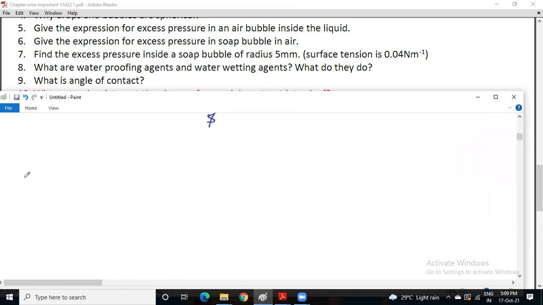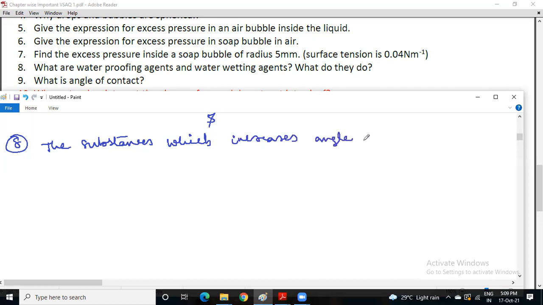Now moving to question number 8. What are waterproofing agents and water wetting agents? What do they do? First, waterproofing agents. The substances which increase angle of contact are called waterproofing agents.